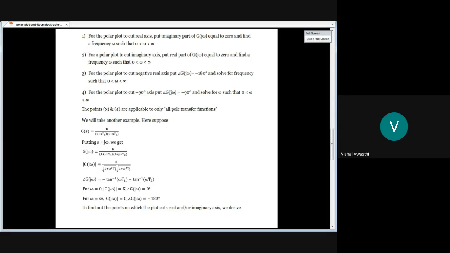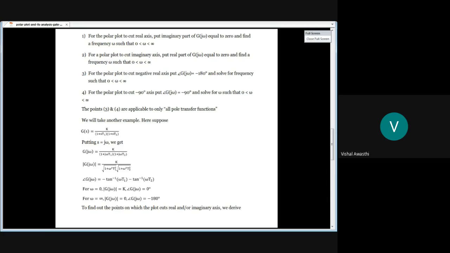Find its magnitude. So K upon under root 1 plus omega square T1 square in the first, and the second one is under root 1 plus omega square T2 square.